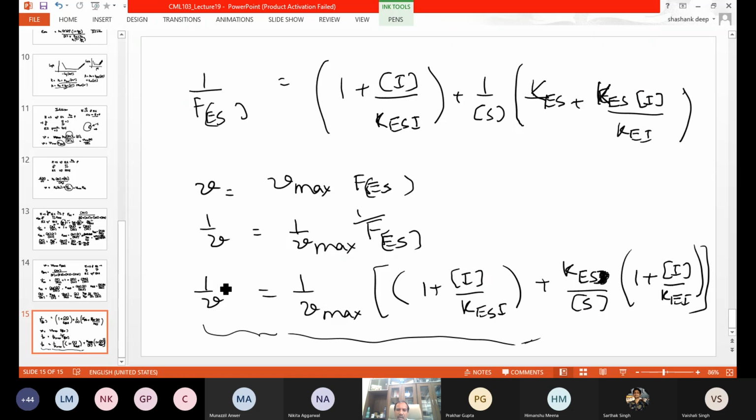And now you can see that I can plot 1 by V versus 1 by S, and it will be a straight line, the way we got in the Lineweaver-Burk equation in the absence of inhibitor. Is this okay? So this was the general equation. Now I am going to talk about, once I have derived this, how to get the mechanism.